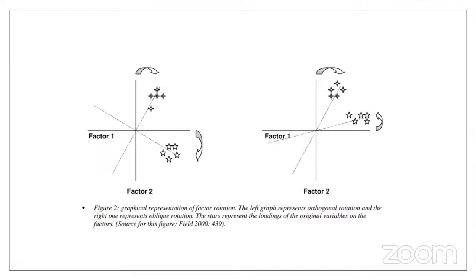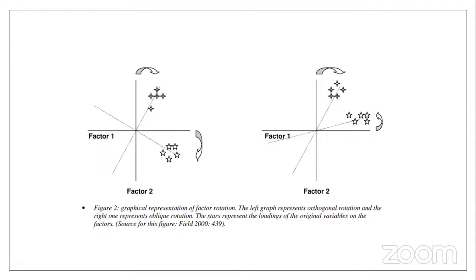So you get very uncorrelated sets of variables, since they lie on two different quadrants, loading on each of these factors. You get factor 1 and factor 2, which are absolutely uncorrelated among each other. That's the orthogonal rotation.